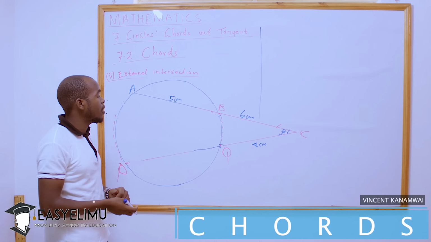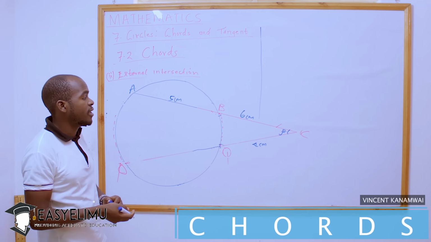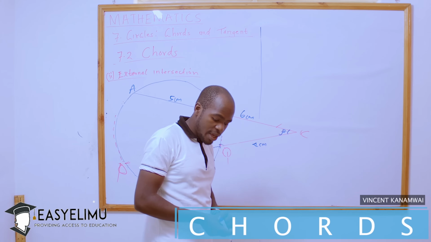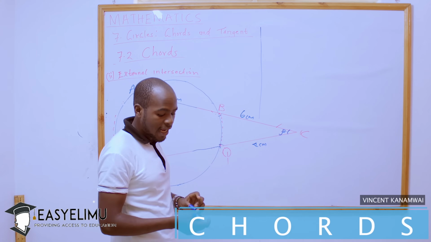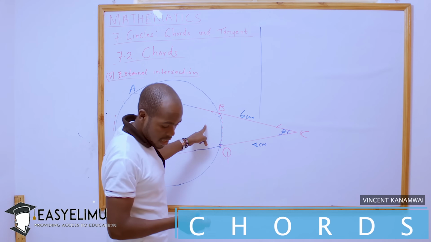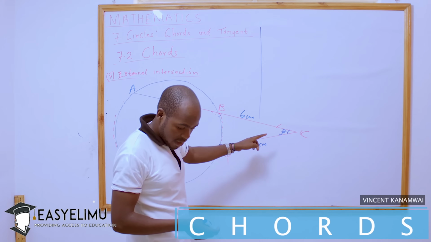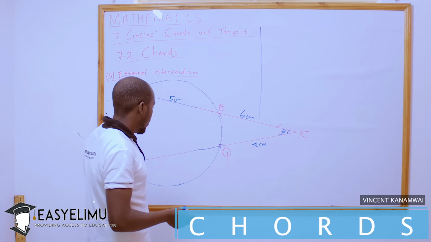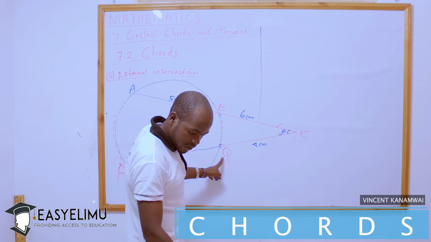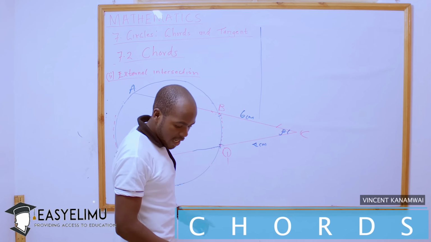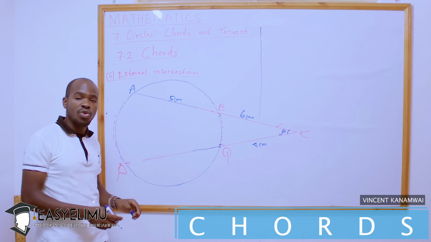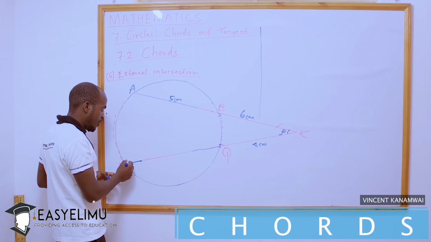Now I'm having a circle with two chords intersecting at C. So I shall say chord AB and PQ intersect externally at Q. If AB is 5 cm as we can see, and BC is 6 cm, and QC is 4 cm, calculate the length of PQ.